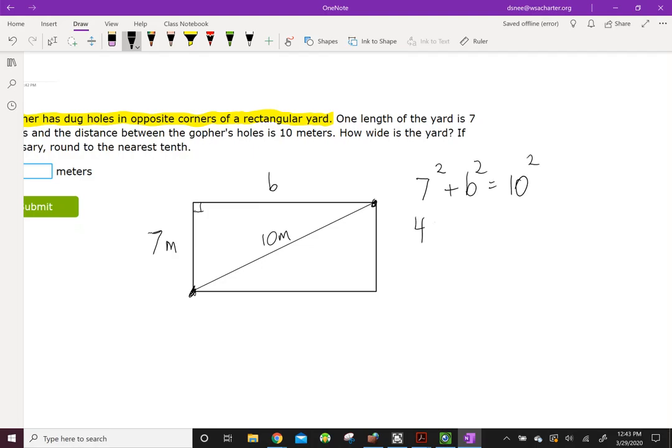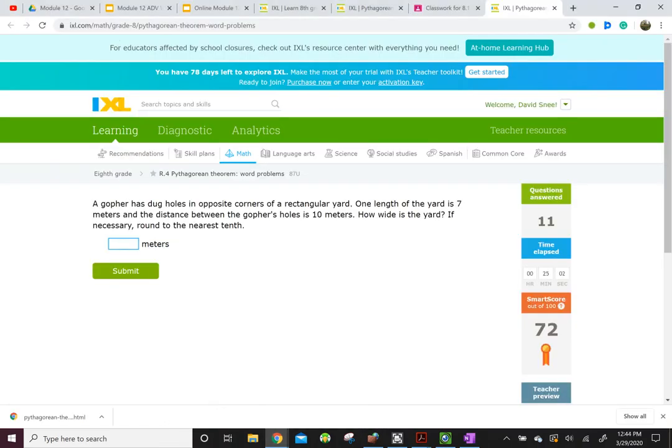So we're looking at 49 plus b squared equals 100, and we subtract 49 on both sides, and we're left with 51 equals b squared, and we take the square root of both of those. And the square root of 51 is approximately 7.14 or 7.1. So let's go back here. Let's try 7.1.